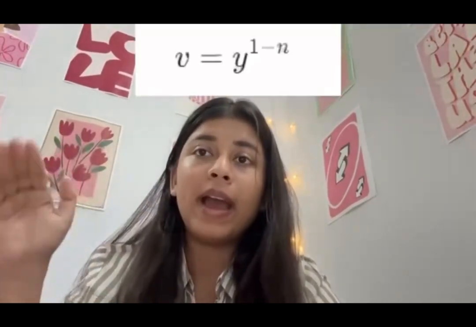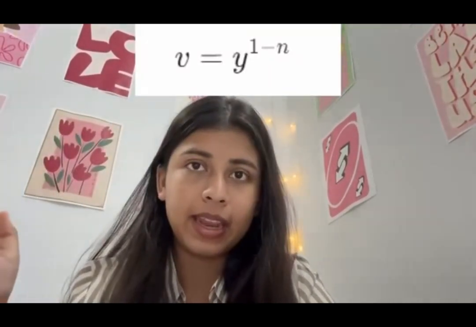This equation is called a Bernoulli equation. It looks non-linear because of that y to the power n. But if I divide through by y to the power n cleverly and substitute v equals y to the power 1 minus n, boom, it transforms into a linear equation in v.